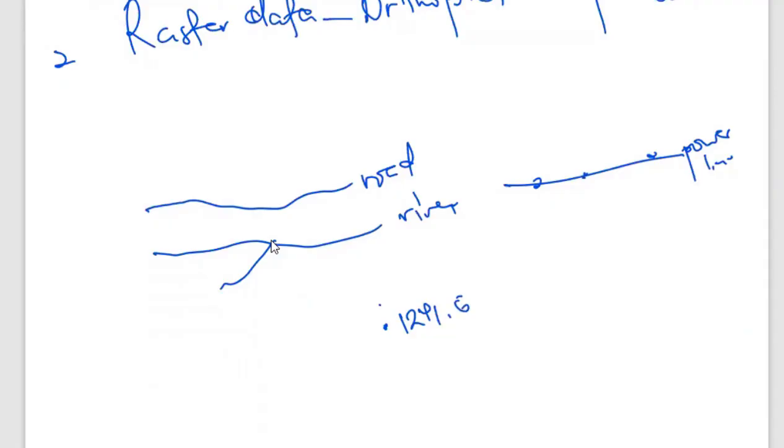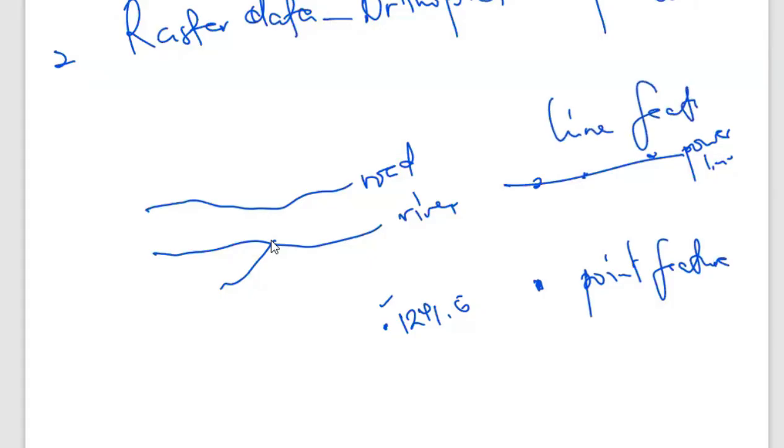This is just a point representing a spot height. Or maybe a small building just like that. You cannot say it's an area feature. It's just presented like that. So this will be our point features on the topographic map. This will be our line features.